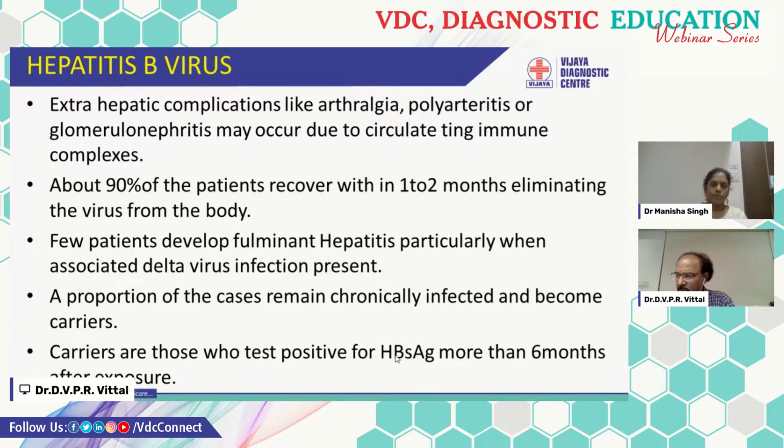The most important part of this viral infection is its chronicity, as well as the fulminant nature seen in a few patients. Usually, another hepatitis virus, called the delta virus or hepatitis D virus, is associated with HBV infection, and this association of hepatitis B and hepatitis D viruses may cause acute fulminant hepatitis in patients.